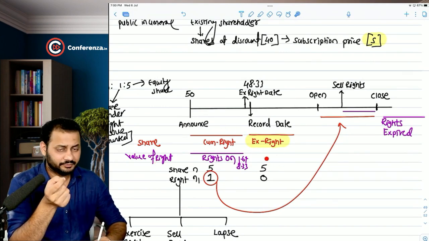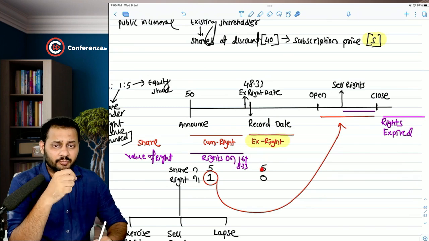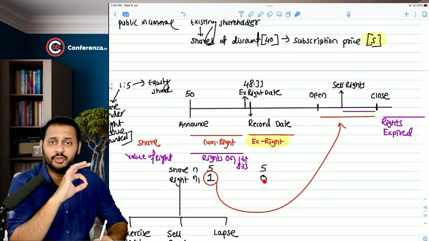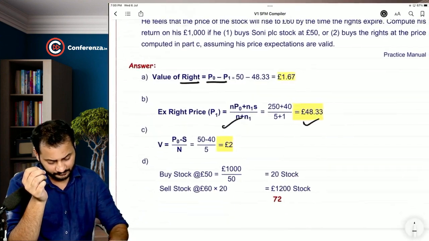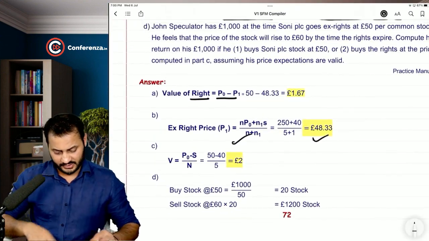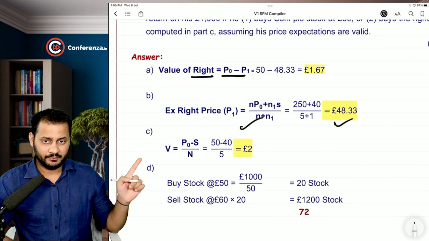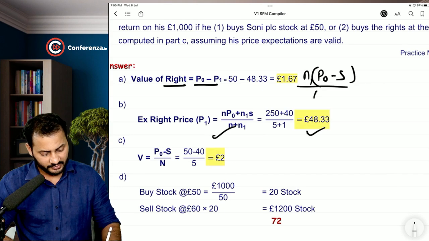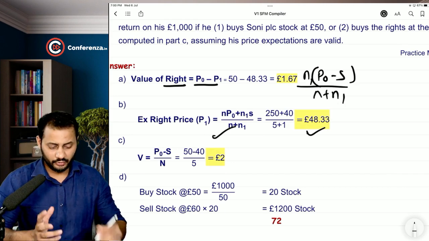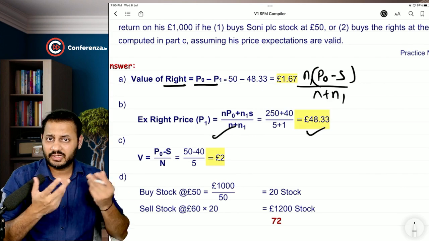At that time, what is going to happen? If you buy 5 shares, there will be no new shares issued. So at that time, the price will be simply P0 minus S by N. Otherwise, it was P0 minus S into N1 divided by N plus N1. I told you that when it goes X right, the N1 becomes 0.